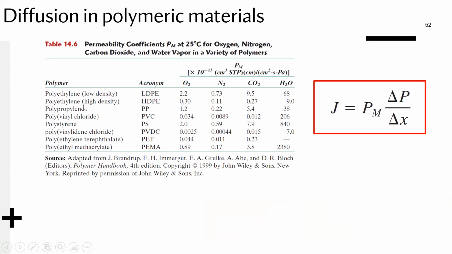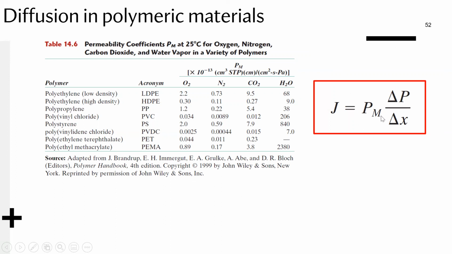So here you've got all the different polymers: polyethylene, both low and high density, polypropylene, PVC, polystyrene. And what you've got here is, first of all, the acronym, but also different gas molecules: oxygen, nitrogen, carbon dioxide, and water, in this case, water vapor, I believe. What you're looking at is how fast these can pass through, or in other words, the coefficient in that formula, the permeability coefficient, P sub m.